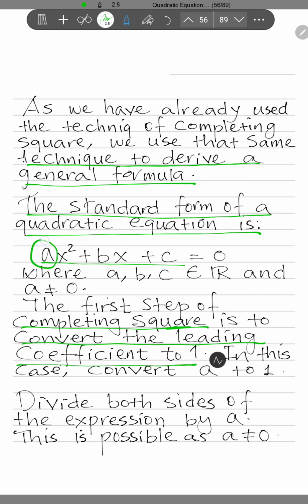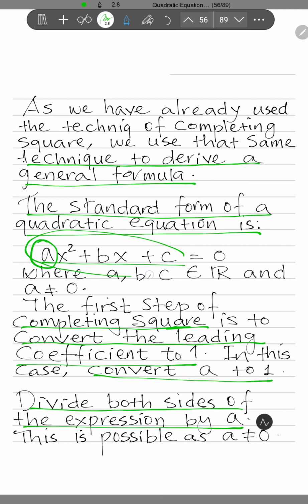The leading coefficient is a. In this case, we have to convert a to 1. How we convert a to 1 is that we divide both sides of the expression by a. Both sides means one side is ax squared plus bx plus c, and the other side is 0. When we divide both sides of this expression by a, we will have a leading coefficient of 1, which is the first step of completing square.